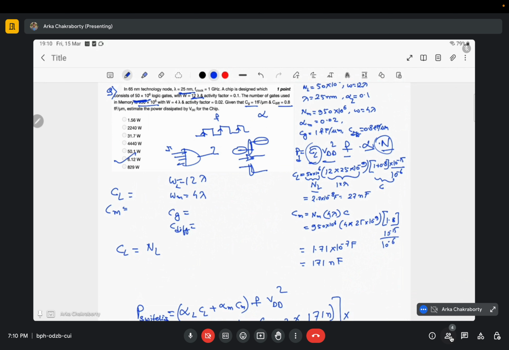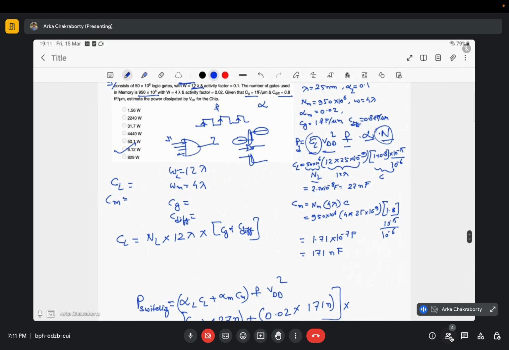So it would be NL, that is 15 into 10 to the power 6, multiplied by 12 lambda, multiplied by CG plus C diffusion. Because in each gate, CG and C diffusion have to come into the picture.